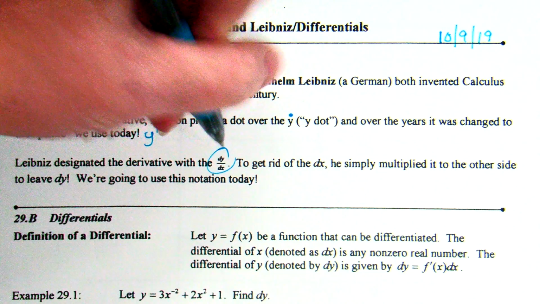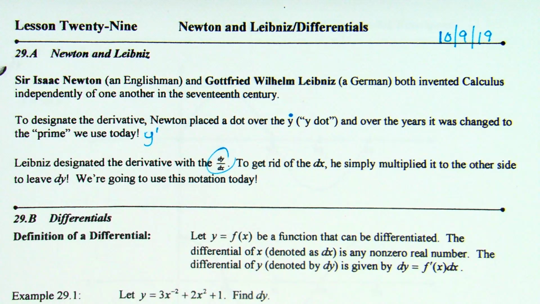The idea of dy dx is what we often call differentials. What we'll look at today is that dy dx is a fraction. It's dy over dx, and you can treat it like a fraction, where the dy and the dx can be moved around independently. That's the idea of differentials. Notice it says there that to get rid of the dx, he simply multiplied it to the other side to leave dy. That's the notation we're working with today.